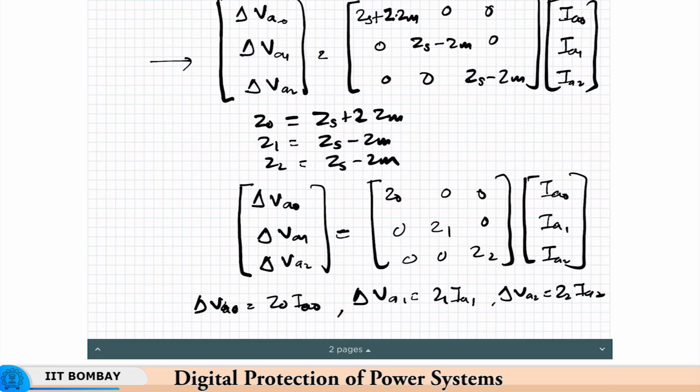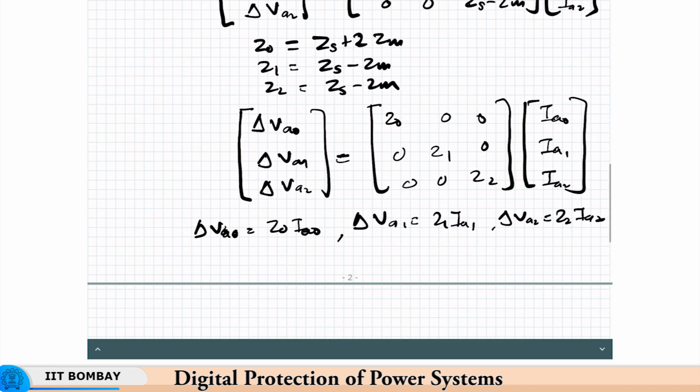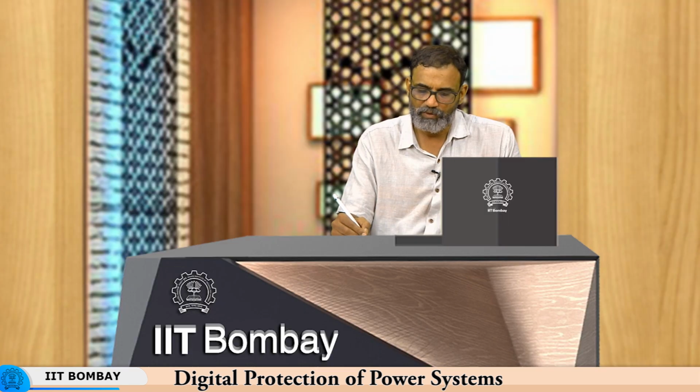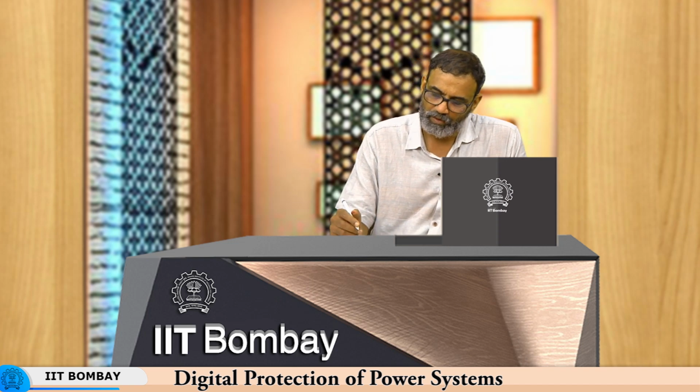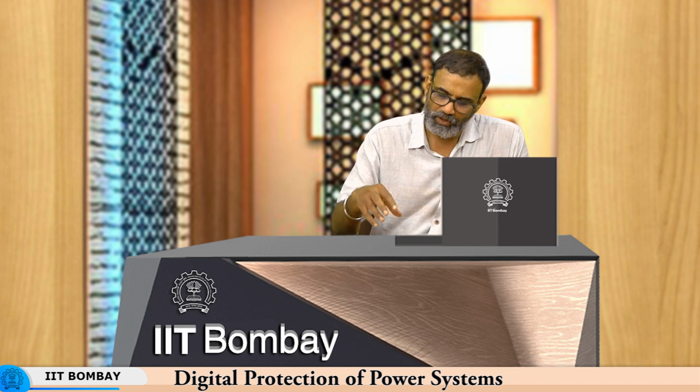The thing to be noticed here is that you get a nice decoupling between the sequence networks. So, even though in the phase domain the phases were coupled, here in the sequence domain the sequence networks are decoupled. So, they can be analyzed independently, and then if you want the answers back in the phase domain, you will have to do an inverse transformation. So, this is a nice and elegant way of looking at network analytics like faults, fault calculations, etc., which we will see in today's lecture and the next lecture also.